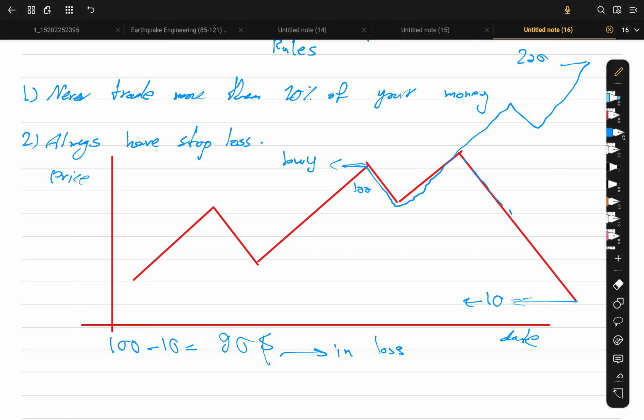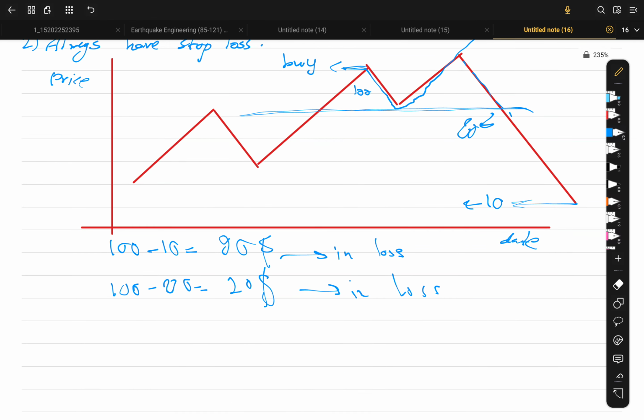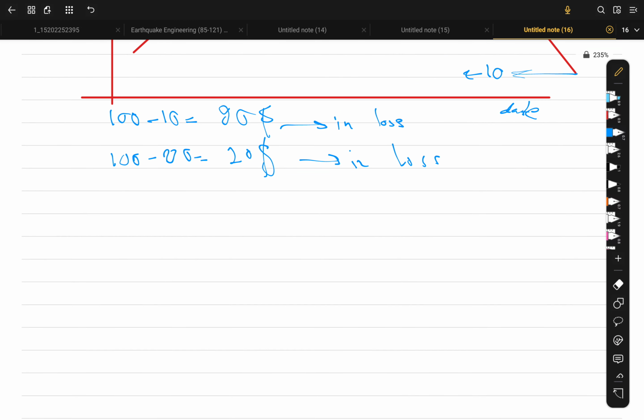But if you put a stop loss here, let's say we buy here and say if the price comes down, we are going to sell at 80. Then when the price comes here, you sell at 80 and only make a $20 loss. The stop loss is very good and we are going to need it.